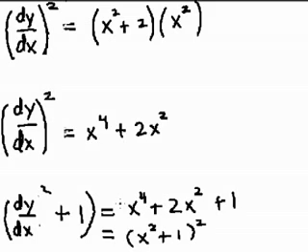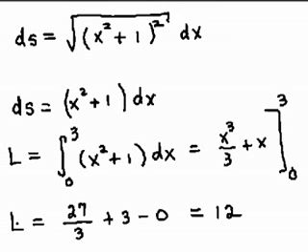In our example, we found dy dx. Now we find dy dx squared, and then we add 1 to it. And we see that dy dx squared plus 1 equals (x squared plus 1) quantity squared.